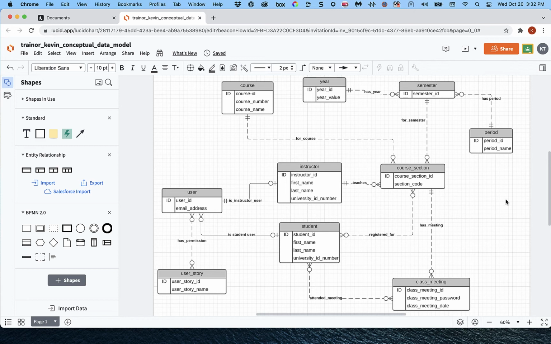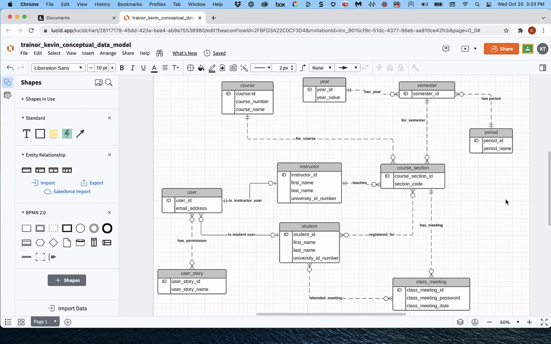Another thing that I suggest to people sometimes is this. If you look at the features of the system as embodied in use cases or user stories, you can kind of see the state of the system changing over time. In terms of this one here, the state of the system: we either have a course section or we don't.